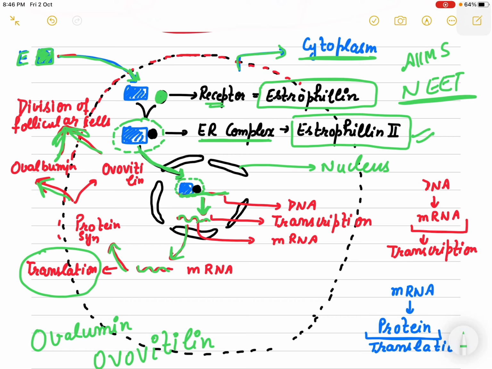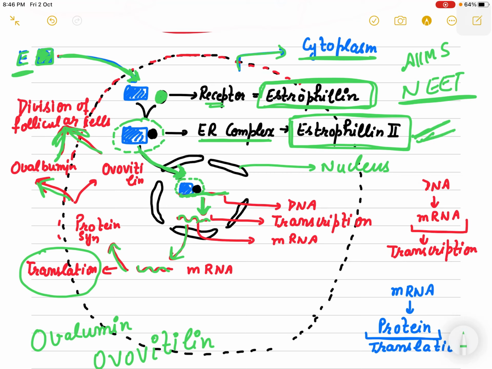So basically what is happening here, this estrogen is released, and this estrogen binds to the receptor which is estrophilin, and estrophilin when bound with the receptor forms a complex which is known as estrophilin 2.